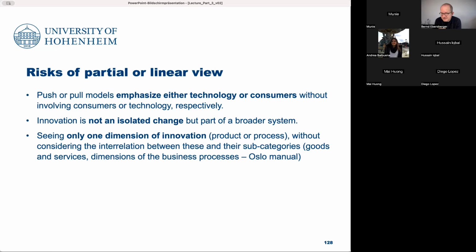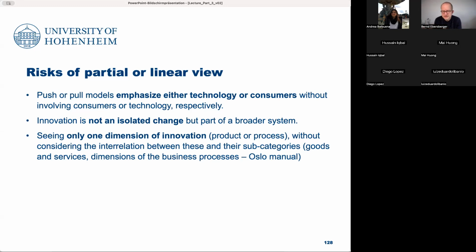I think I said that already when we discussed product and process innovation, when we identified the definitions in the Oslo manual, that it is hardly conceivable that you produce a new product with old processes. So typically you have a concert of product innovation and process innovation to make either one of these or both of these innovations work, because there are interrelations between them.